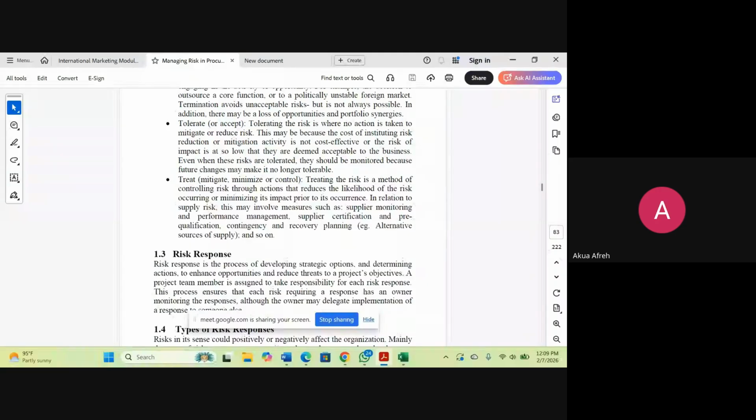So let's say you want to procure low value stationery, okay? The risk involved here could be that the supplier delivers the stationery 2 days late.